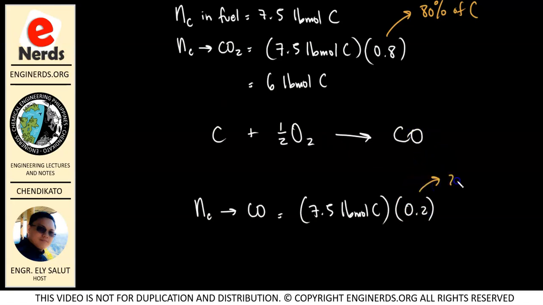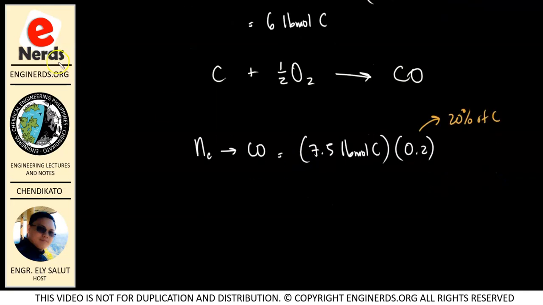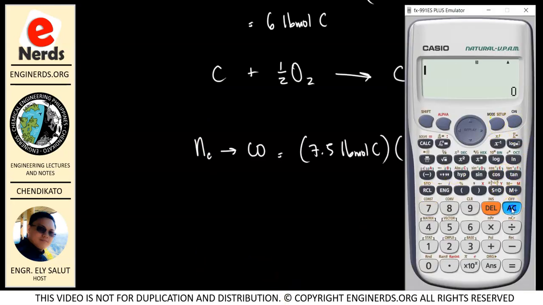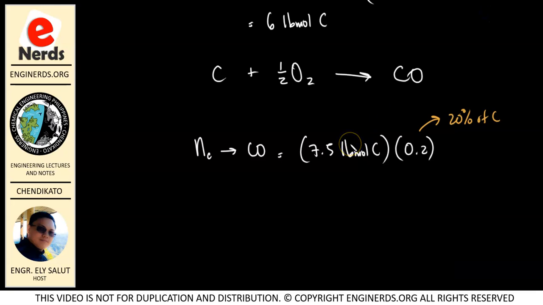So, this is 20% of the carbon na nasa fuel. This will be equal to 7.5 times 0.2, which is equal to 1.5 pound mole. And for carbon monoxide, 1.5 pound mole.